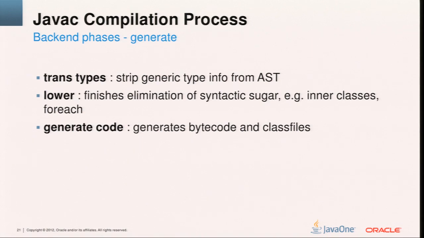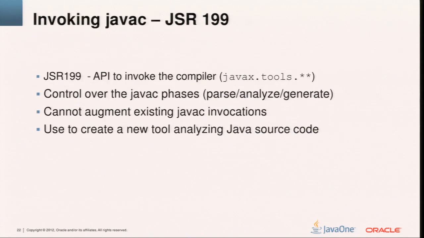Since 1.5, you can do post and pre-increment on java.lang.Integer, so that is also removed by the lower phase. Basically, the lower phase prepares the AST to be simply printed into bytecode. And then there is a phase that actually takes the simplified AST and dumps the bytecode into a class file.